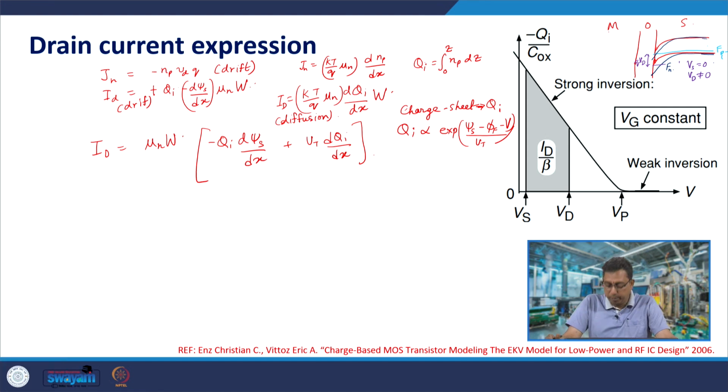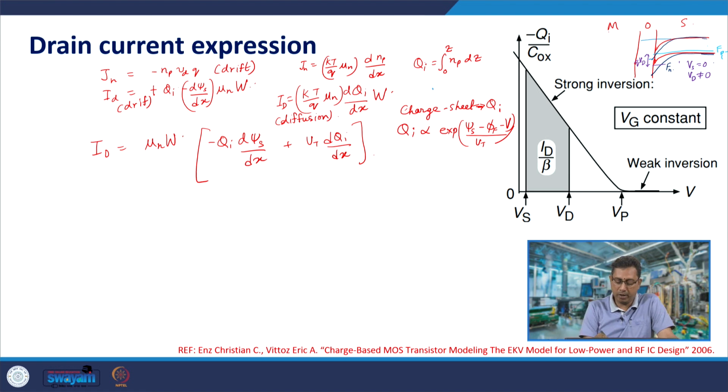So, the overall band bending is chi s near the drain, suppose here. From that you remove phi f because that gives rise to Ni. Ni e to the power phi f by ut is Np.